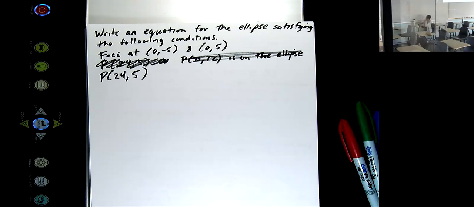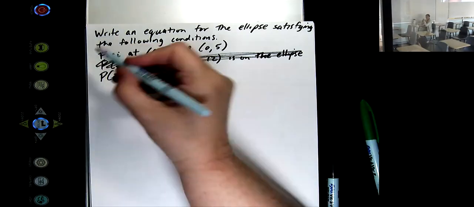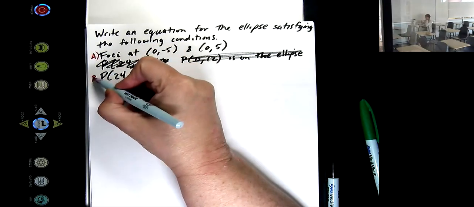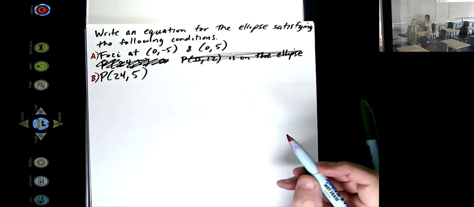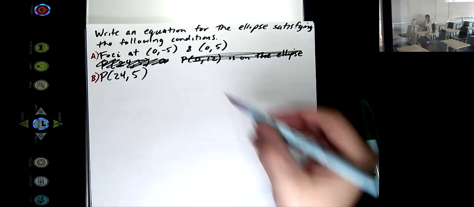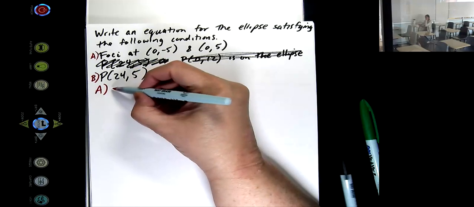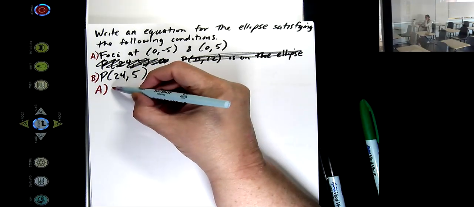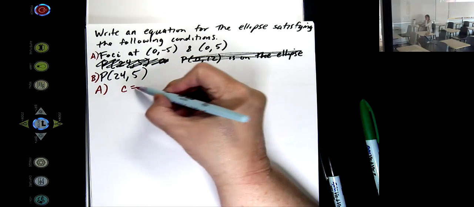Okay, so we've got two pieces of information, piece A and piece B. What does piece A give us? Piece A gives us c, right? What is c here? c is plus or minus 5.